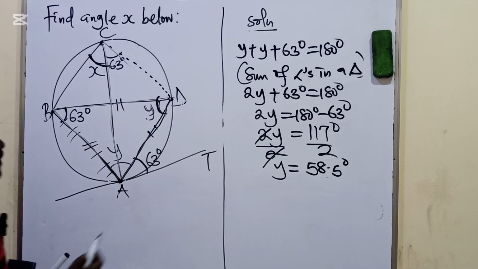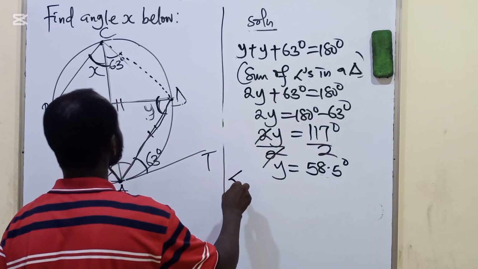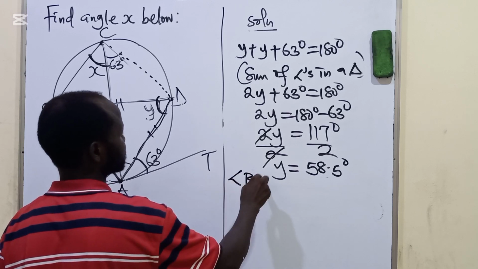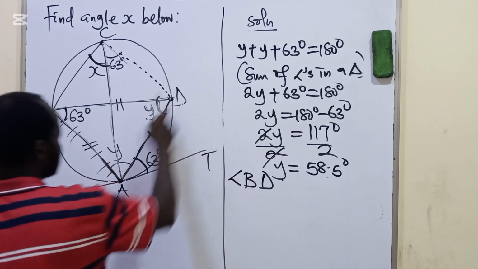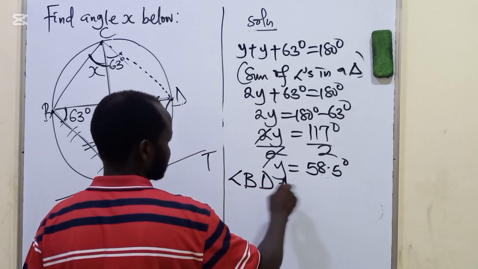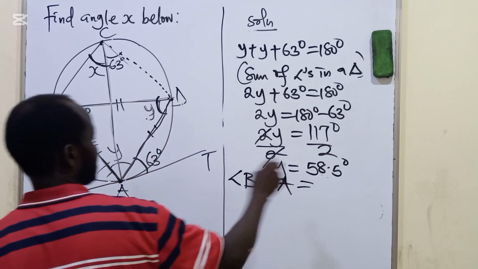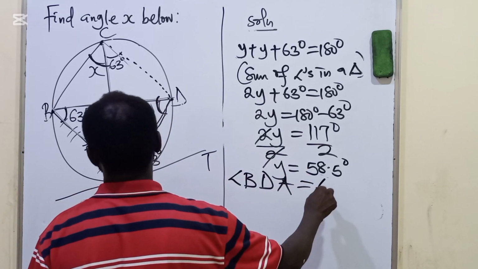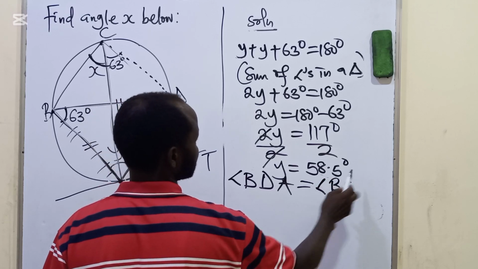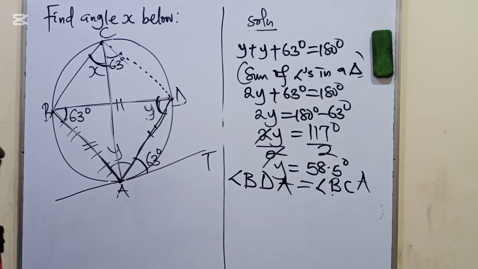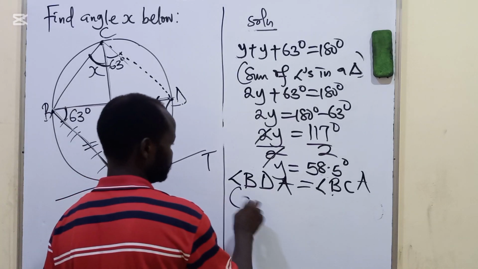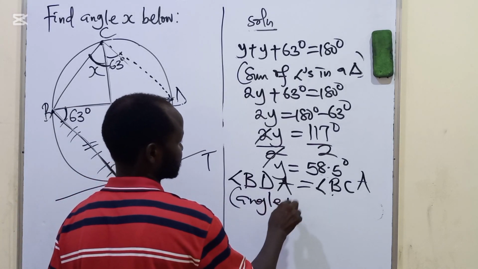We have established the fact that angle BDA is the same as angle BCA. Angles in the same segment are equal.